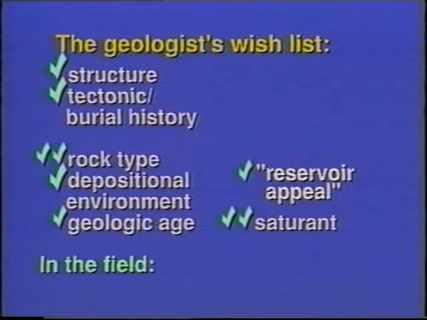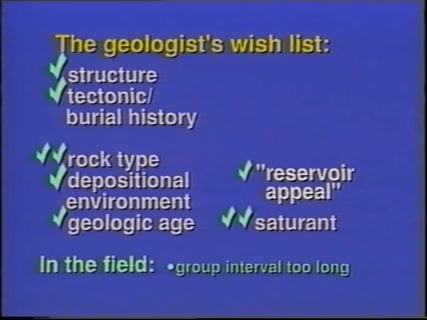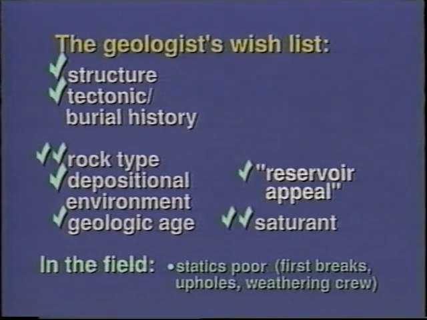In the field, we can jeopardize all of these objectives if the lines are in the wrong place or in the wrong direction or too short, if the group interval is too long or the arrays are too long or the spread is too short, if we do not plan in advance to measure VP over VS with a shear measurement or amplitude versus offset, if we use a source of inadequate bandwidth, and if we fail to get good static corrections from the first breaks or the upholes or a weathering crew.